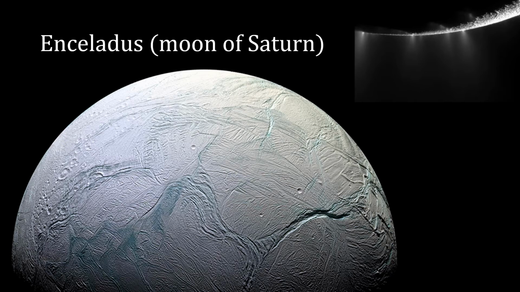So Europa and Enceladus are two candidates for further exploration in the search for life, which I find really interesting because when I was little, all anybody ever talked about was finding life on planets. And then boom, we look at these two moons of planets in the outer solar system.